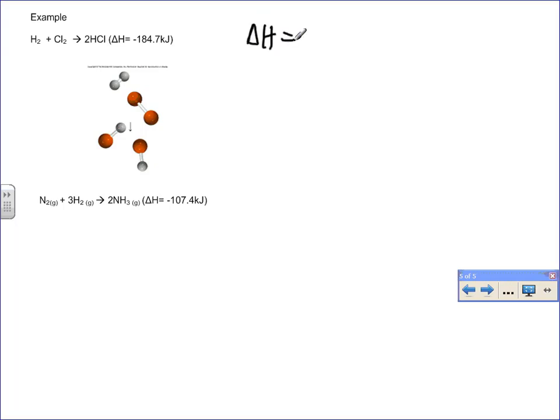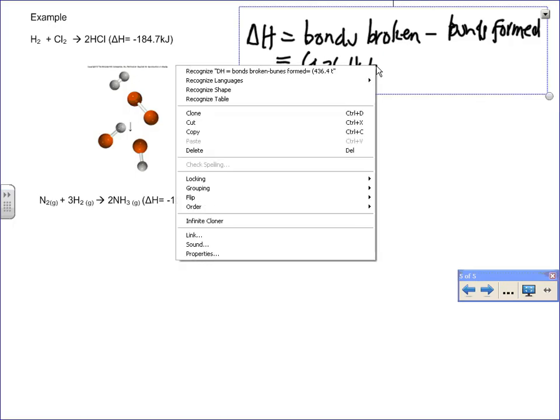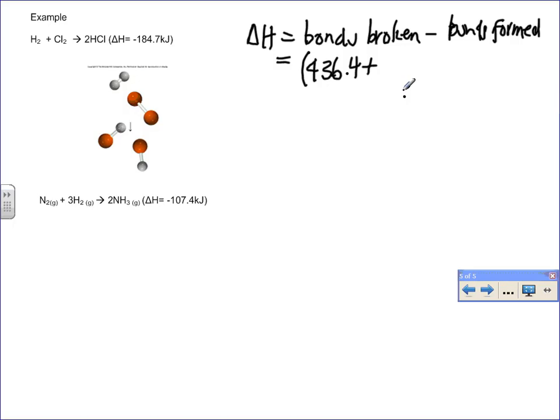So the delta H is going to be the energy of the bonds broken minus the energy of the bonds formed. It's a matter of looking up the values in the table and being really careful when you transfer the numbers, and being really careful when you add things as well.